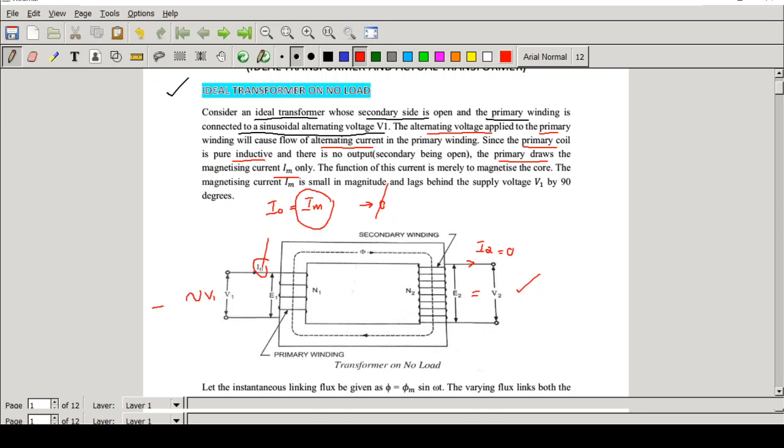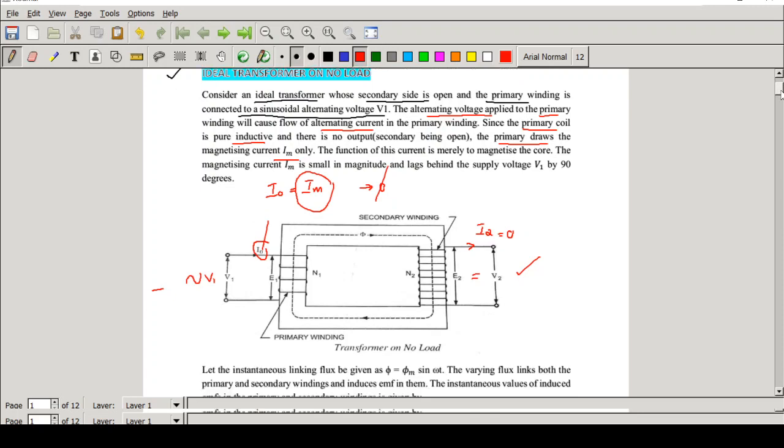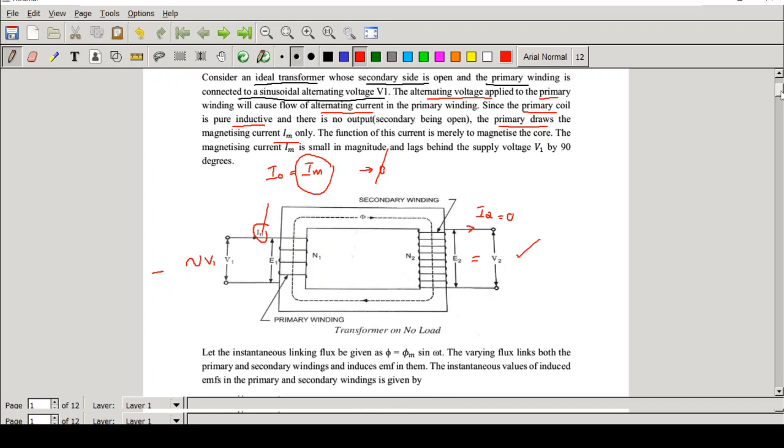Now we will see what the phasor difference between this current and voltage will be. Here we are saying that this is a purely inductive load. In the case of an inductive load, if the voltage is V1, then the current flowing through the inductor will be lagging by an angle of 90 degrees. So this is 90 degrees and this will be I0.